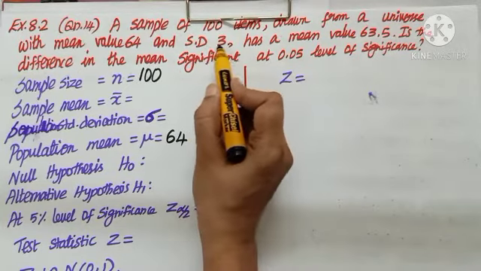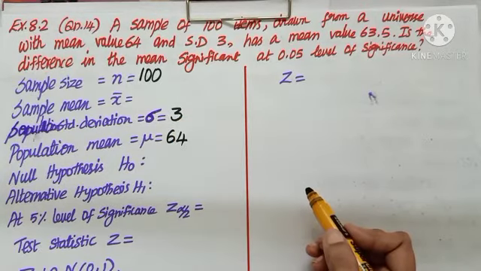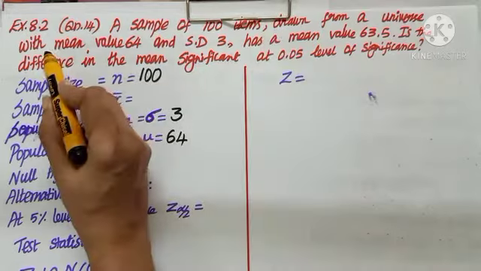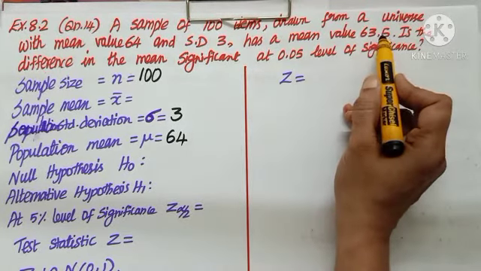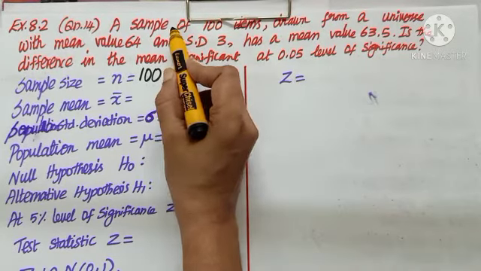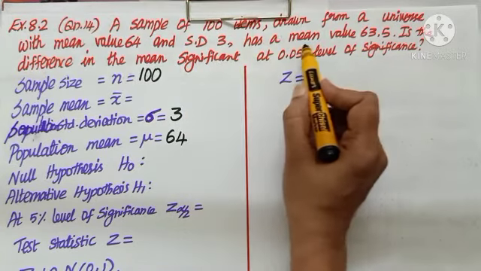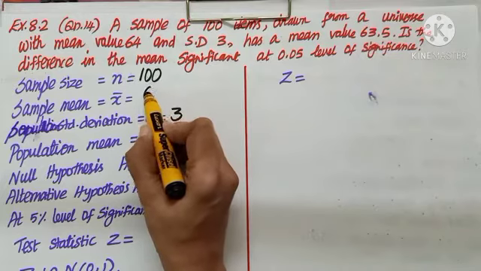Population standard deviation 3, sigma value is 3. The sample taken from the population of all these details has a mean value 63.5. So, sample mean is 63.5.